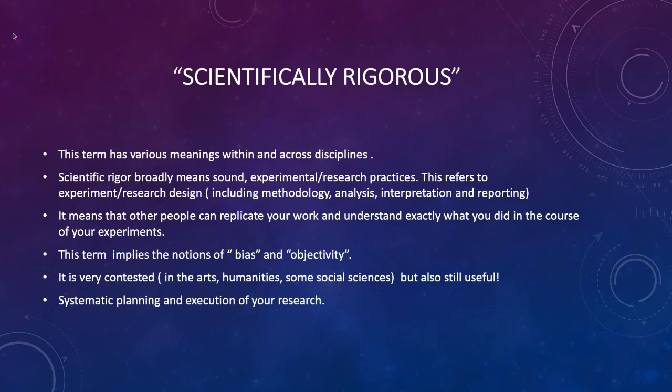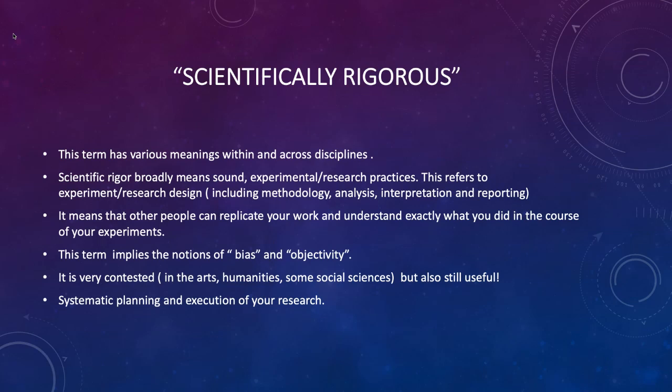And you can think about how scientific rigor features in your work and the project that you are working on, also within your discipline and your field of interest. What does scientific rigor mean for you? So this term has various meanings within and across disciplines. Scientific rigor broadly means sound experimental research practices, right?